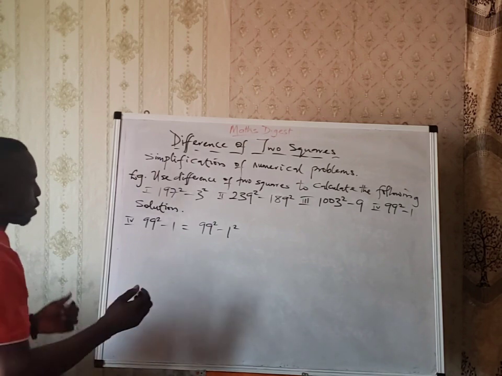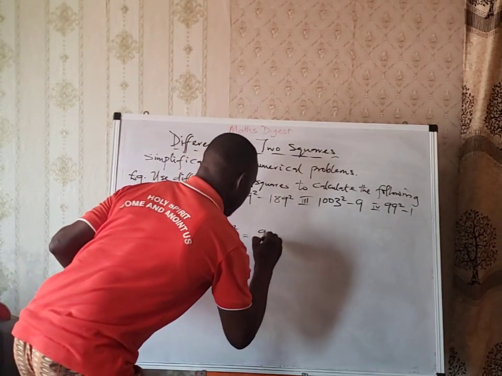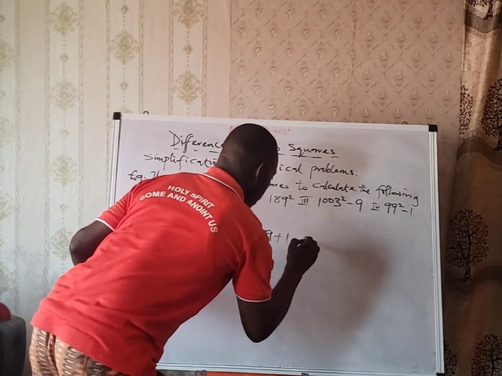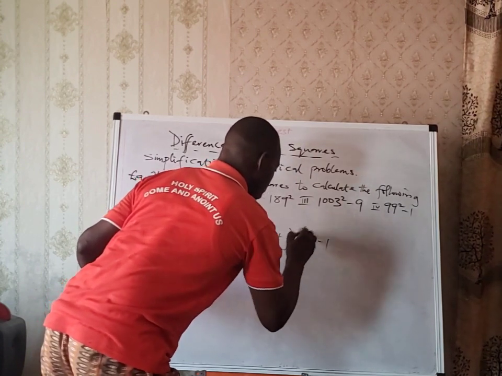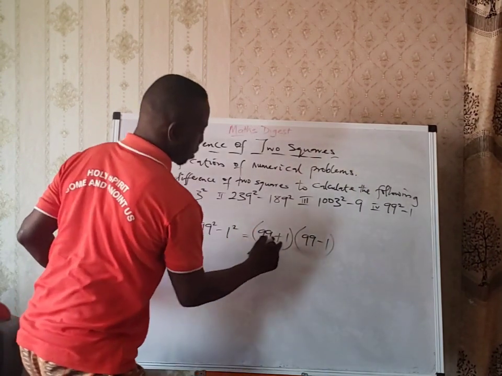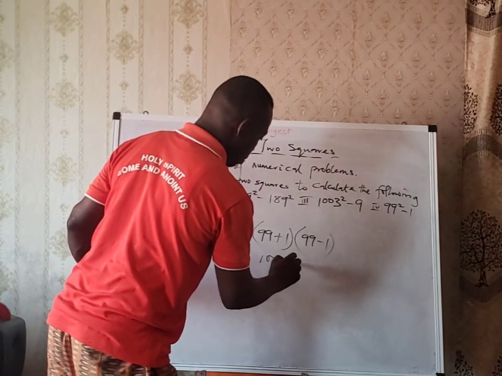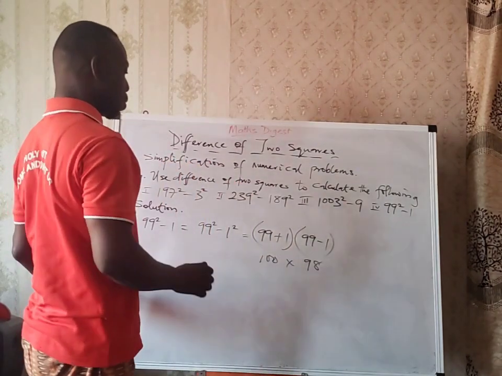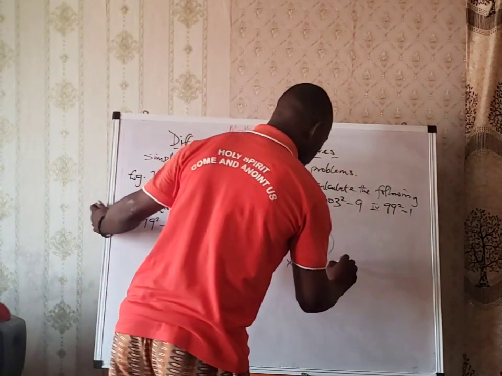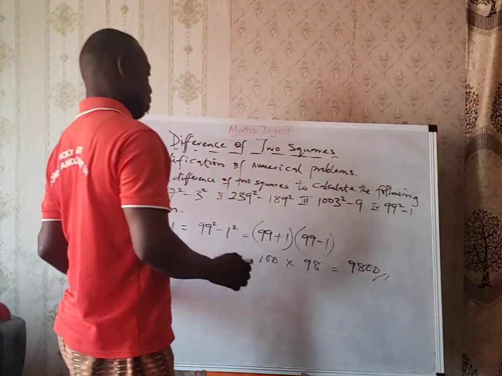So this is equal to 99 plus 1 and 99 minus 1. This plus this will give you 100, and this minus this will give you 98. So this times this will give you 9800. That's the final answer.